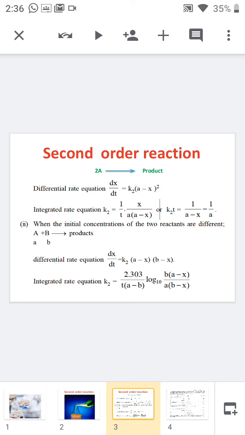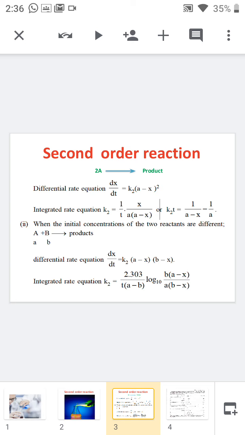So next we are moving into the next type of second order reaction. That means we are using two different types of reactant such as A and B involved in the chemical reaction, and after the reaction we will get a single product, maybe single product or multiple products. Consider in this equation reactant A reacts with reactant B, which is entirely different from A, to give the product.